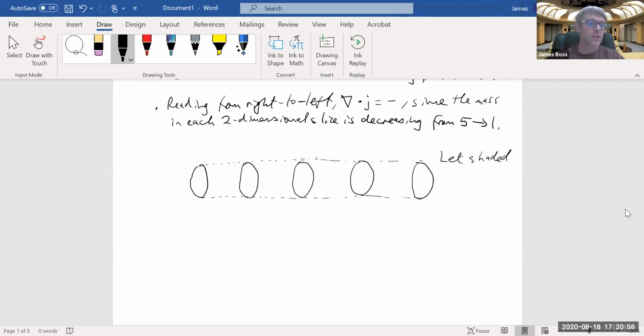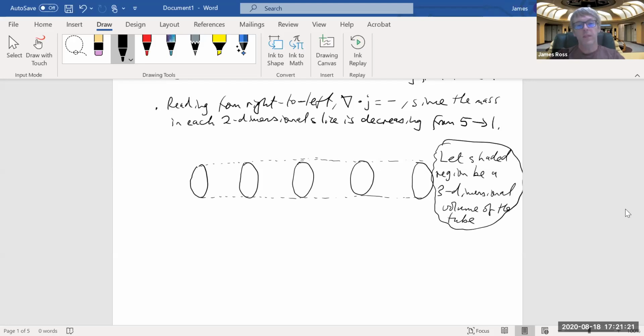So let the shaded region be a 3-dimensional volume of the tube. So this is our new way to interpret the tube now. I've got the slices just to show you that they're still there, but I'm going to ignore the slices.